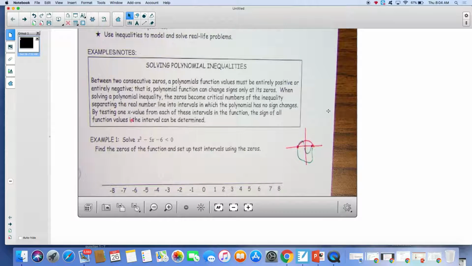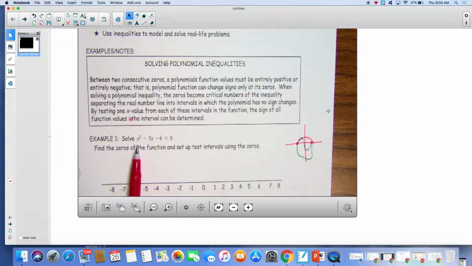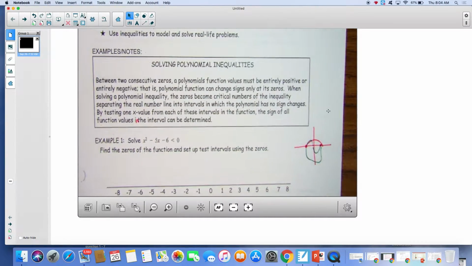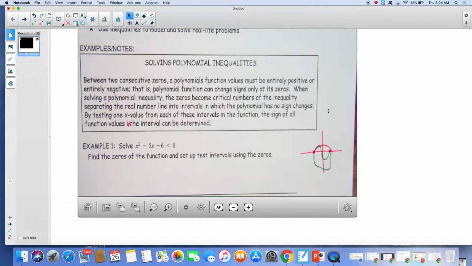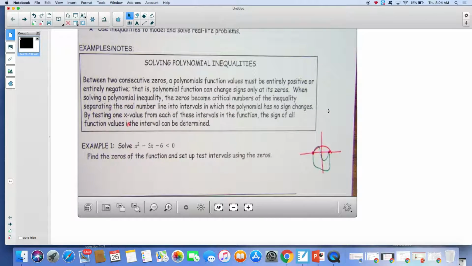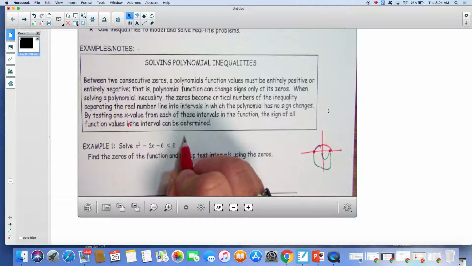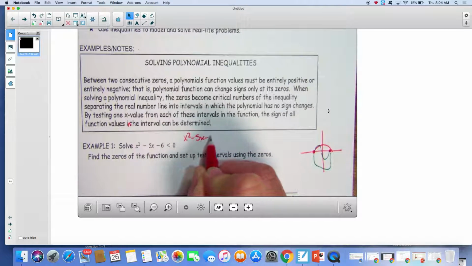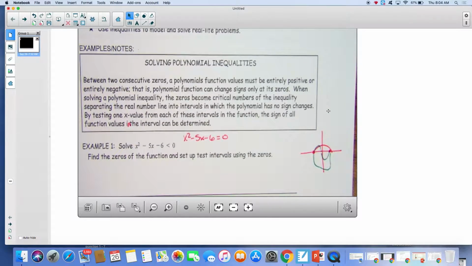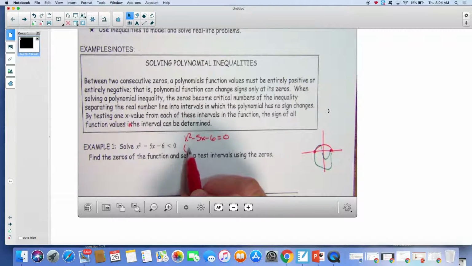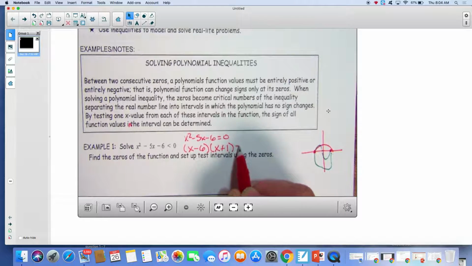So first, example 1: find the zeros and set up testing intervals using the zeros. How will I find the zeros of this function? Set it equal to 0 and do what? How do I solve a quadratic set equal to 0? Factor it. This one factors to x minus 6, x plus 1.